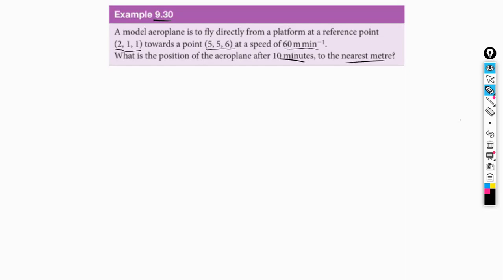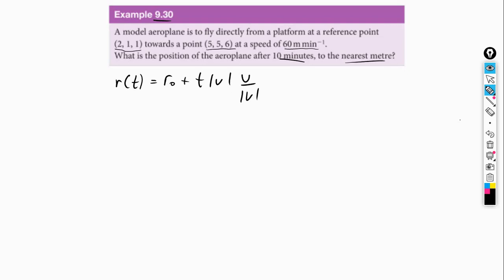So remember that in these cases, the position is given by this formula, right? R sub 0 plus time times speed times the unit vector, or direction. So here we need to know what these different variables are, and then we just plug them in, right?